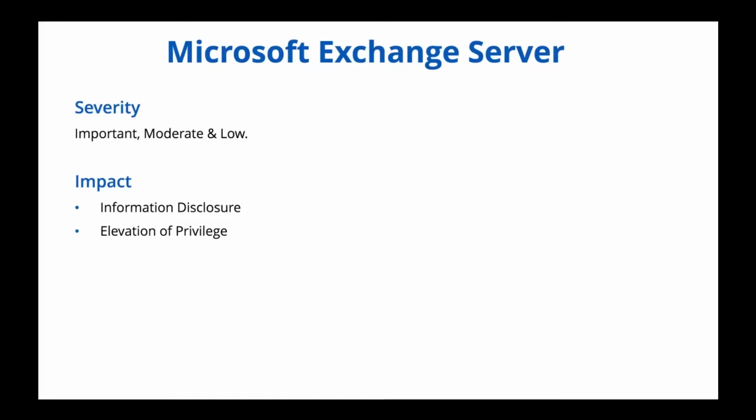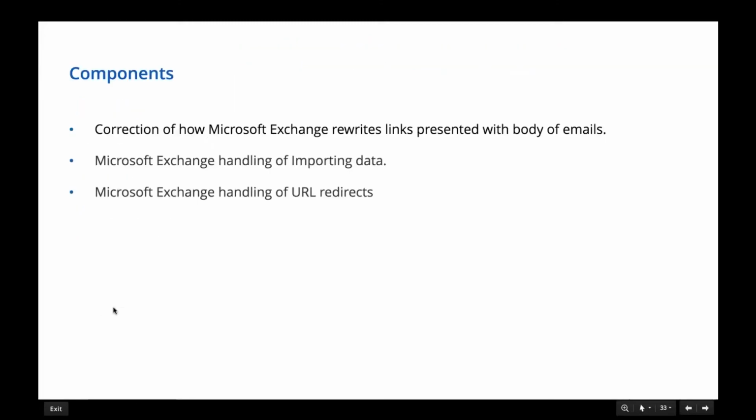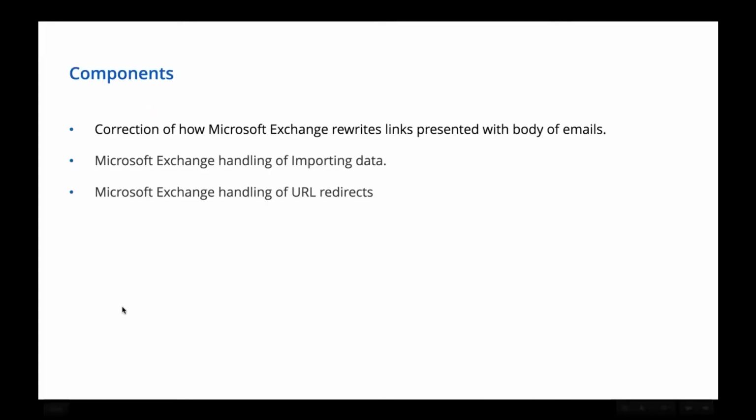So Microsoft Exchange Server. The severities were important, moderate, and low. Thankfully, we don't have any critical patches here. The impacts are information disclosure and elevation of privilege. We have just three CVEs: 0924, 0940, and 0941.